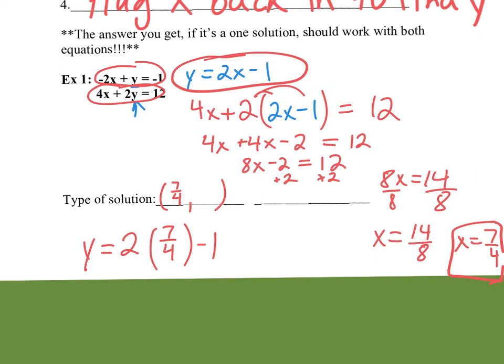Remember our ABC button. I wish this one wouldn't have been a fraction. Yep, 7/2. So y equals 7/2 minus 1. What is 7/2 minus 1? Yep, 5/2. So that is my point. That's my answer.